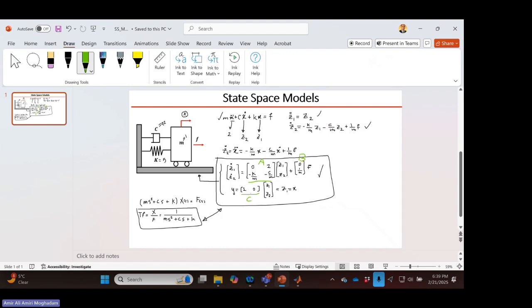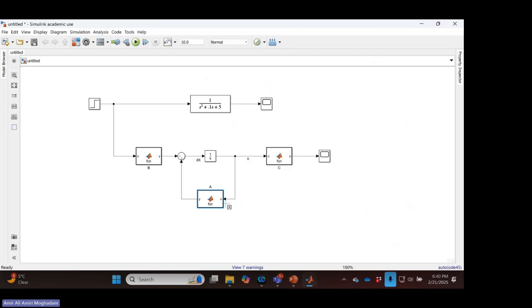Considering the value that we use for K, M, and C, matrix A is equal to 0, 1, minus 5, and minus 0.1. Okay, this is A. Let me just define A before I forget it, and then I come back to define the other matrices as well.